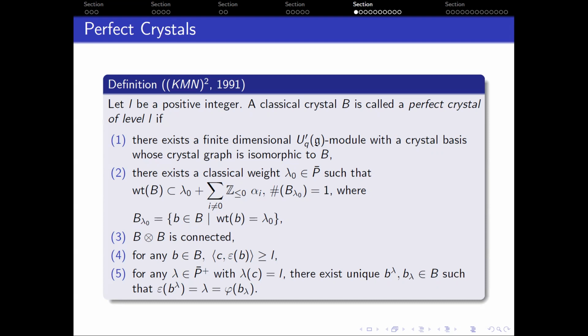And then of course, we looked at the affine representation. Now, when we looked at AN upper 1, we were able to give some description, an explicit realization of the crystal base, using what we called extended Young diagrams.